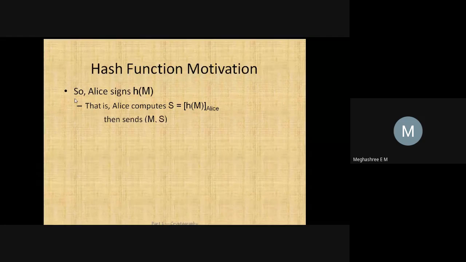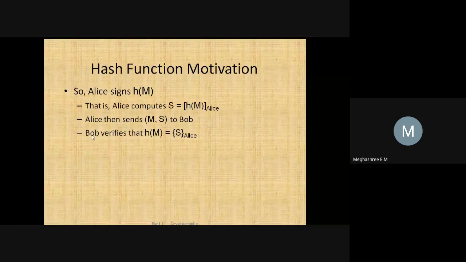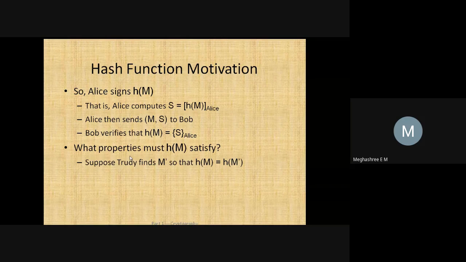Whatever I explained in the previous diagram is listed out here. As I said, he verifies the message. Now, what properties should a hash function satisfy? There should not be any collision if anyone uses any hash function. So let's consider how a collision may happen.